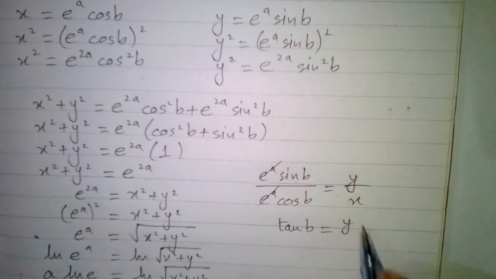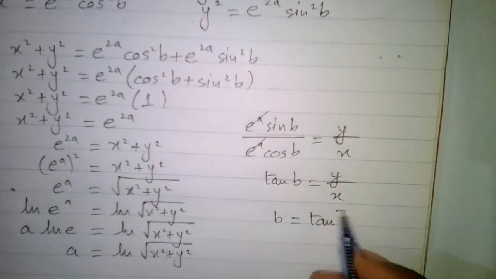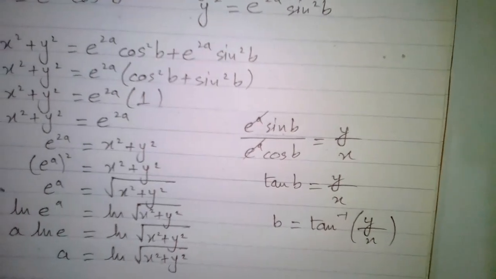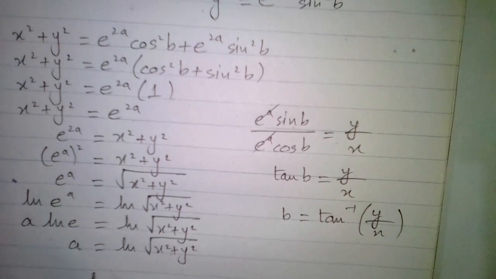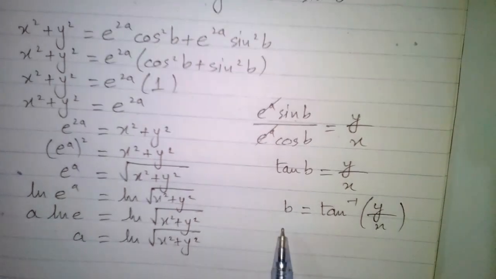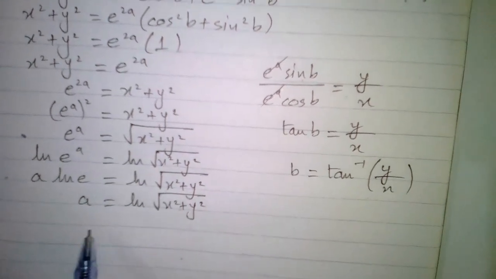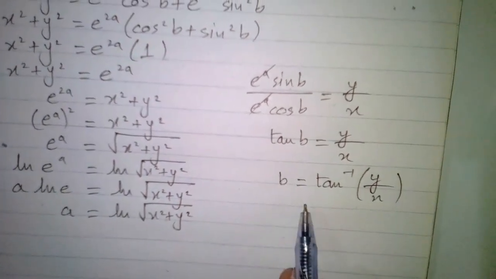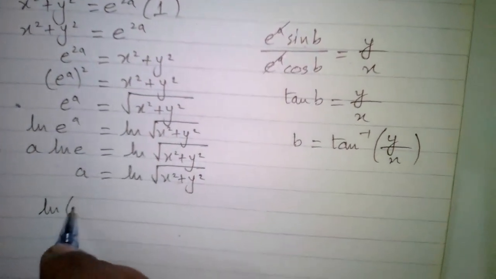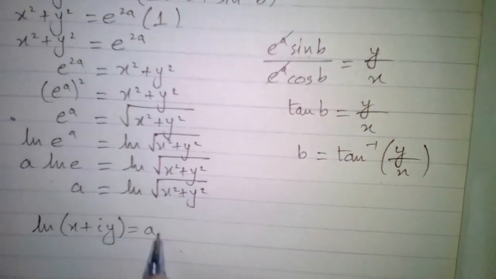So tan b is equal to y upon x, and b is equal to tan inverse of y upon x. So we have the values of a and b, where a is the real part of the complex number and b is the imaginary part of the complex number, as we supposed above that x plus iota y is equal to a plus iota b.